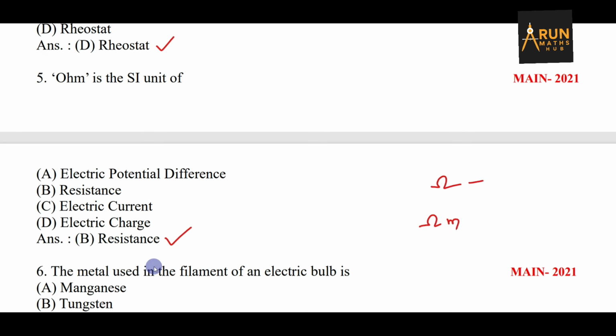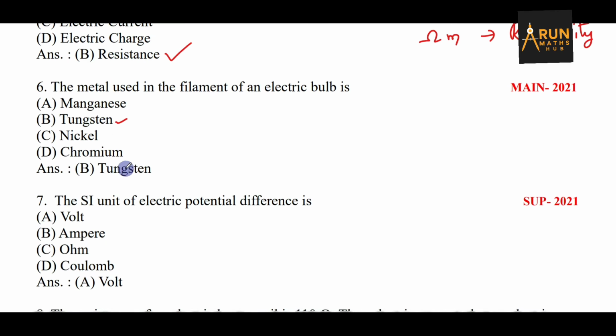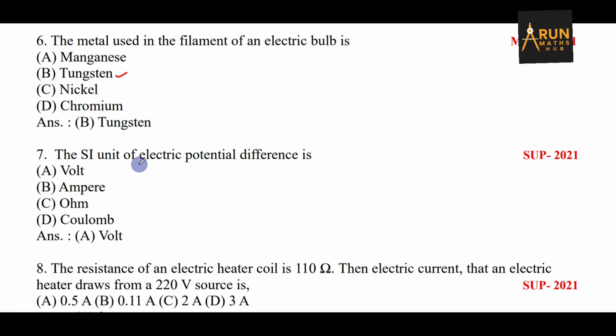Ohm meter is the SI unit of resistivity. The metal used in the filament of an electric bulb is tungsten. Tungsten is widely used in the filament of an electric bulb. Therefore, the correct answer is option B. SI unit of electric potential difference is option A, volt.